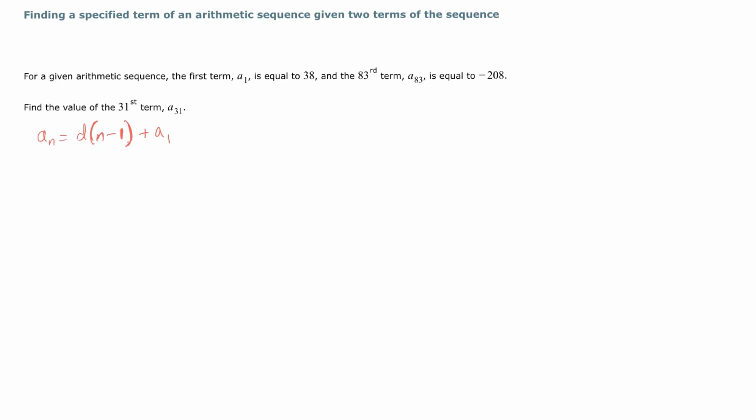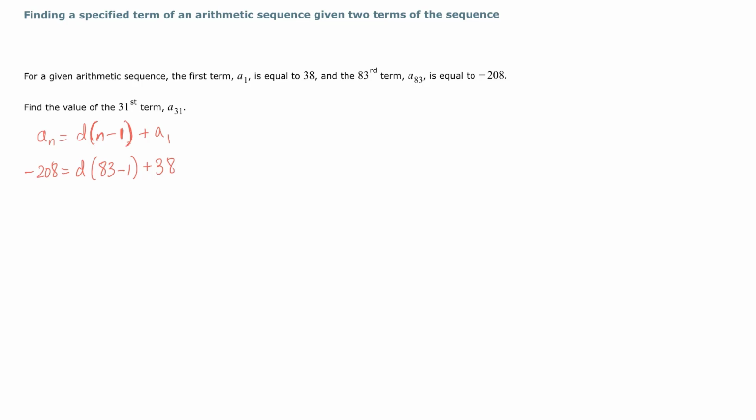And we know that for n equals 83, the output is negative 208. We already know what a sub 1 is. It's 38. So here we have an equation, and all you have to do is solve for d.